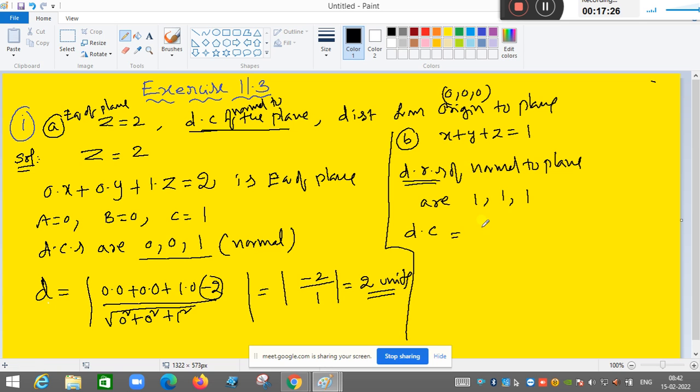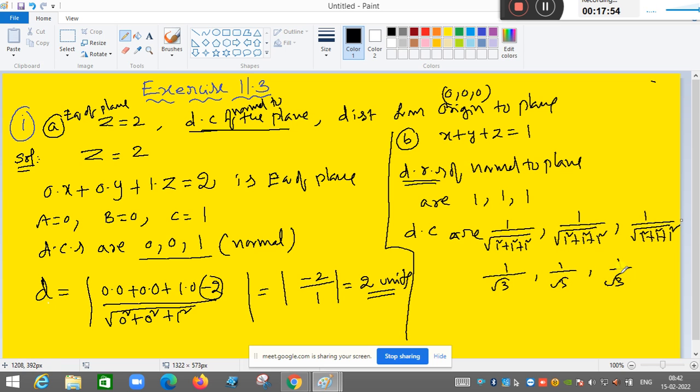So the direction cosines are 1 by root of 1 square plus 1 square plus 1 square, and likewise for the others. These direction cosines are 1 by root 3, 1 by root 3, 1 by root 3. Next, the distance d from the origin to this plane.